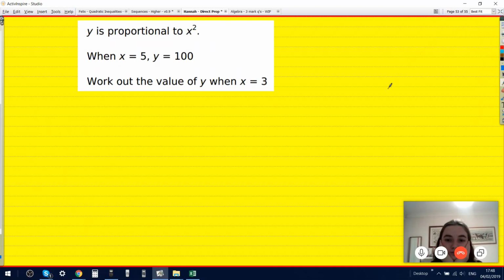How would you do this? Y equals k times x squared. K equals y over x squared. 100 over 25. What is that? Is 4.